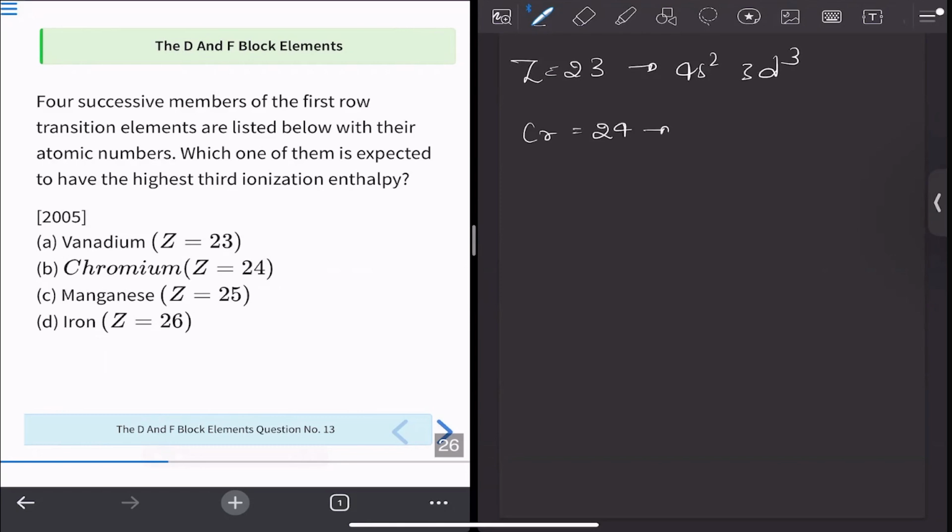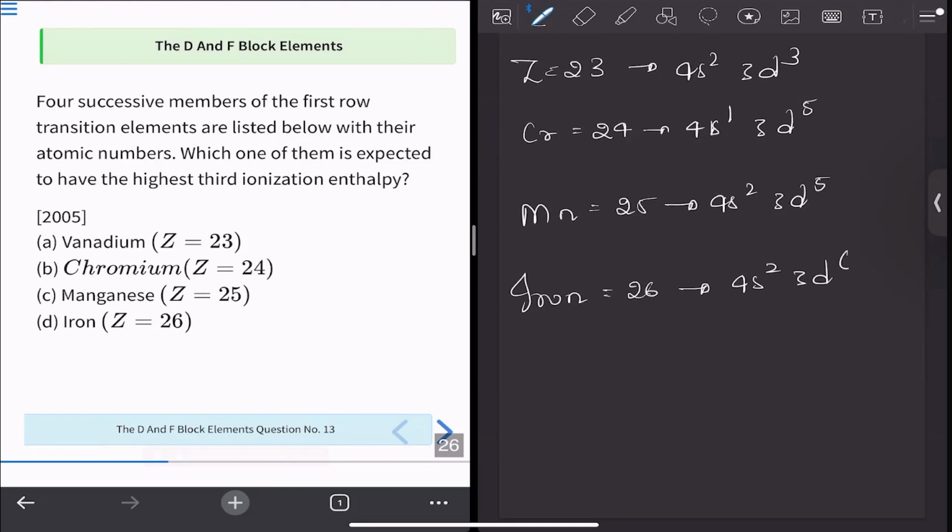Chromium, 24, will have 4s1 3d5 configuration. Manganese, Z equal to 25, has 4s2 3d5 configuration. And iron, 26, has 4s2 3d6 configuration.